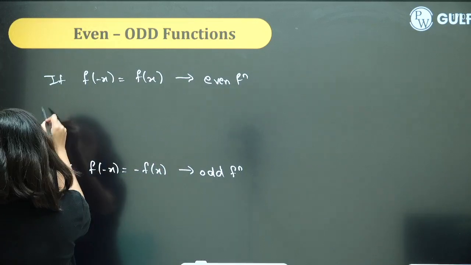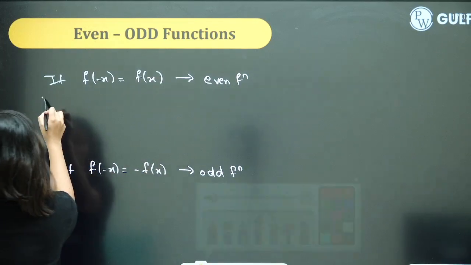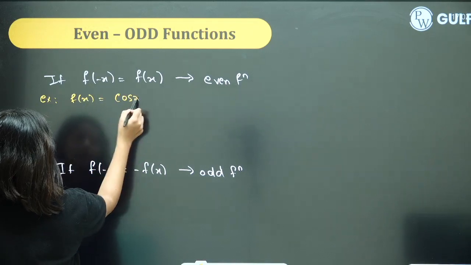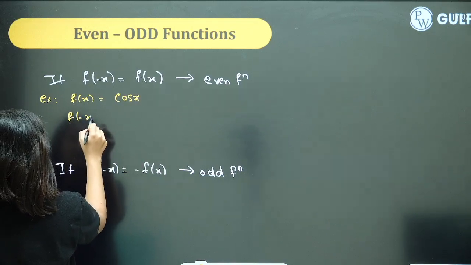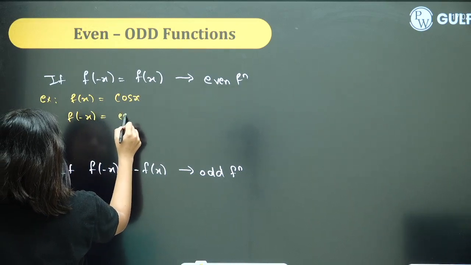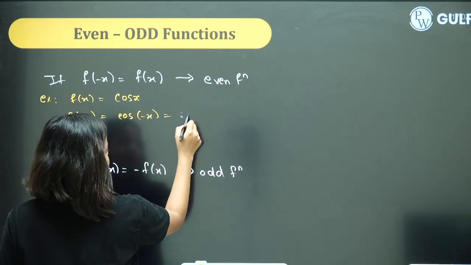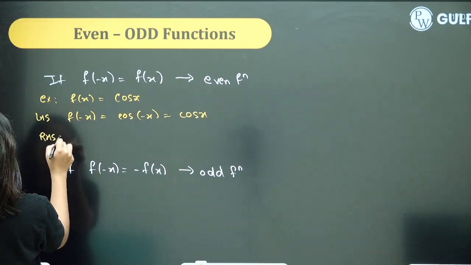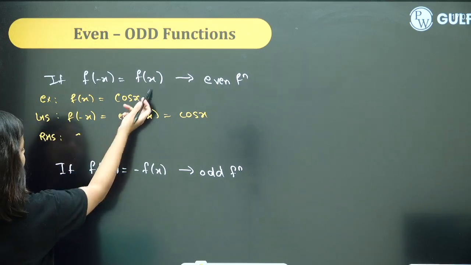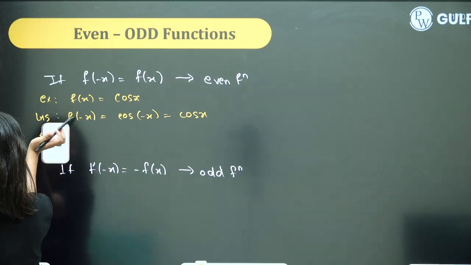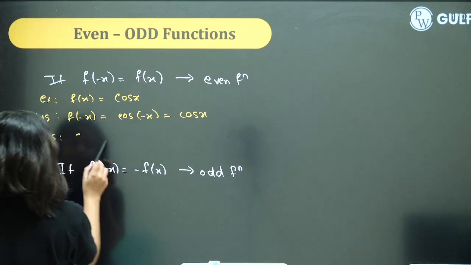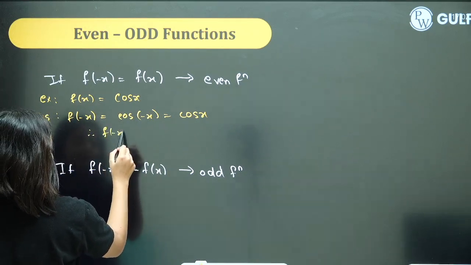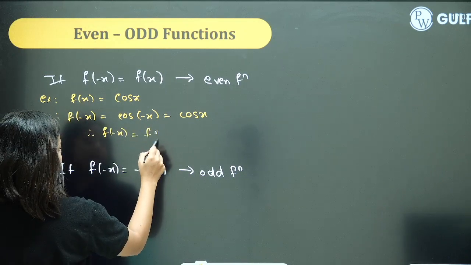If I take an example, let's take f of x equal to cos x. Start with the LHS. What is f of minus x? Cos of minus x, and cos will eat up the minus sign. Go to the RHS: the RHS is f of x. So f of minus x is equal to cos x, which is nothing but your f of x.